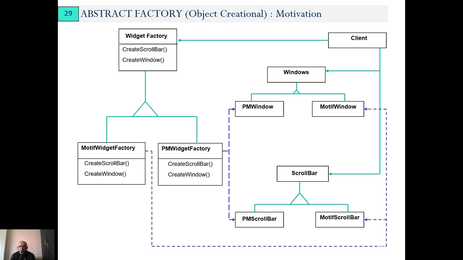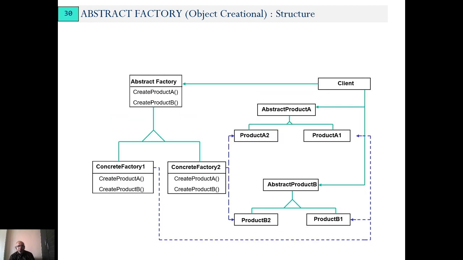So the client takes up the concrete stuff as windows, that is PM window and Motif window, and from that it controls the PM scroll bar and Motif scroll bar. So therefore this is a better diagram to understand.